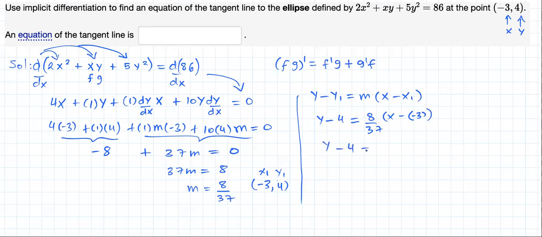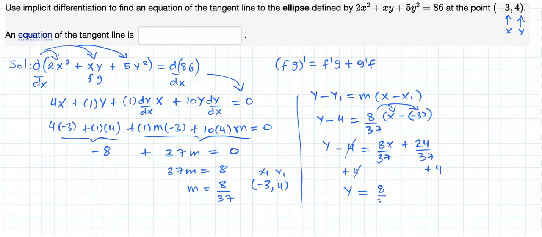Let's simplify. 8 times x, 8x, don't forget this is divided by 37. Minus or minus is plus. Plus 3 here times 8, 24 over 37, right?